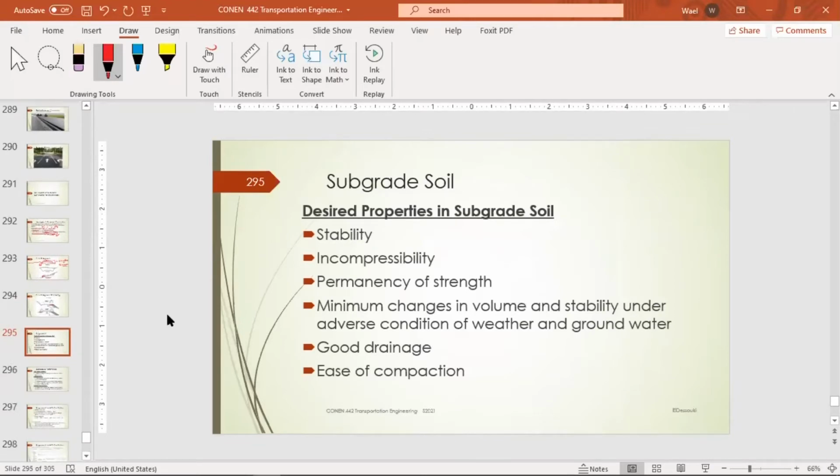Desired properties in subgrade soil, basically stability, that's one of the desired properties. Incompressibility, so if it's compressible, that means with heavy loads, there will be settlement and random settlement. Permanency of strength, the strength is permanent, it's not changing with time. Minimum changes in volume and stability under adverse conditions of weather and groundwater.